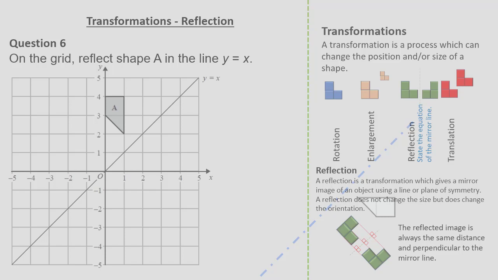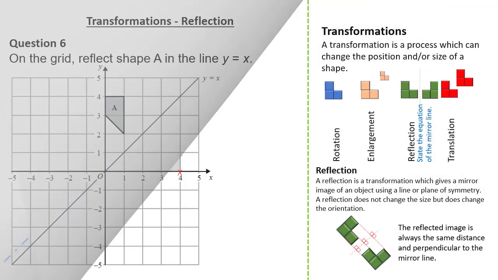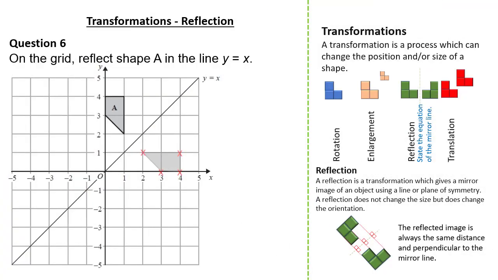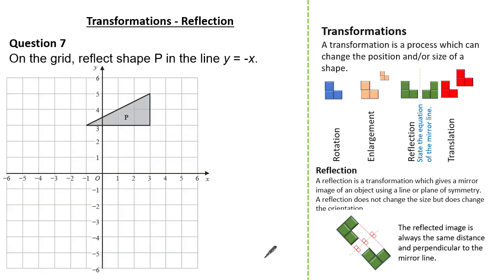It's important to line up carefully the mirror line with the mirror line from the exam question. Then you press down really hard on our reflected image. Once you lift the paper up, you'll be able to see your reflected image in the mirror line y equals x. Now let's look at a slightly harder question.